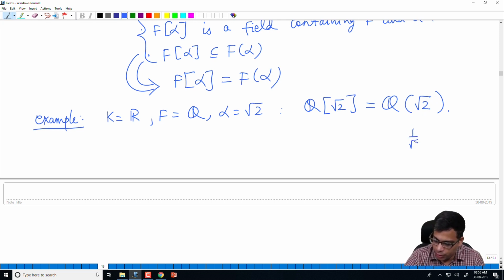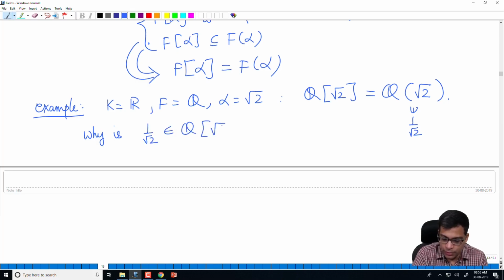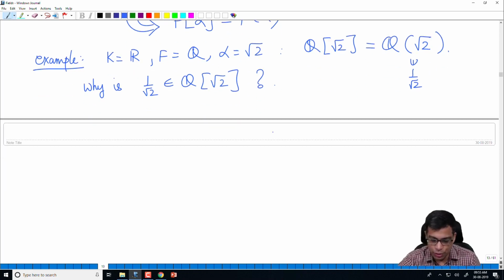For example, 1 by root 2 is here. This only consists of things which are polynomials in root 2. How can 1 by root 2 be there? But we are saying it is there. So let's understand why 1 by root 2 is in Q square bracket root 2.